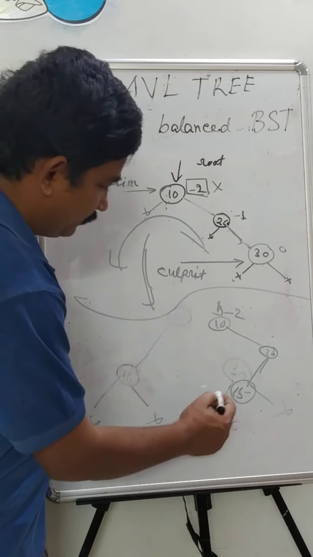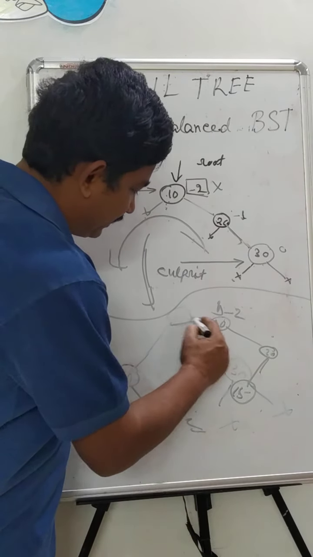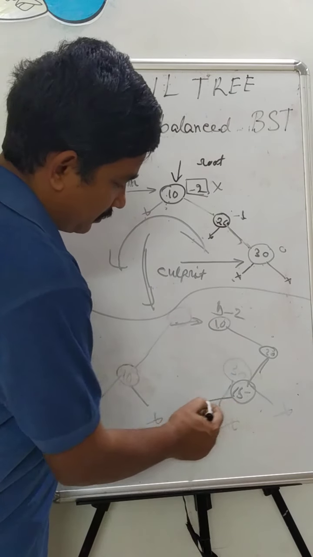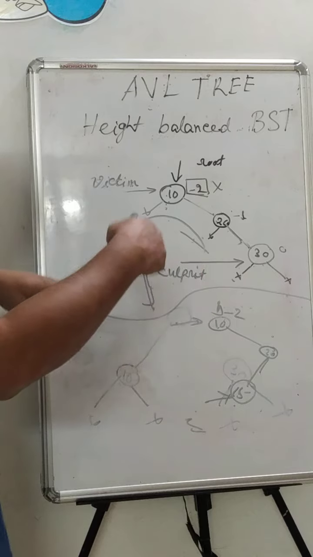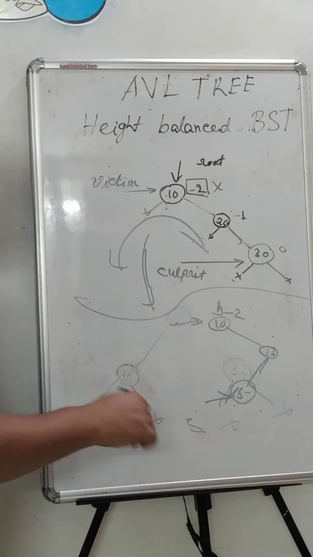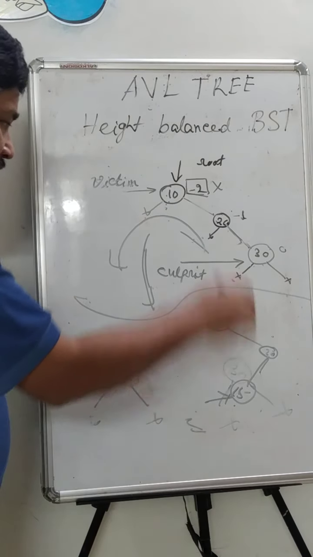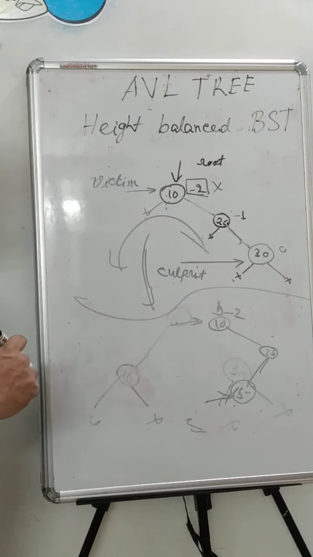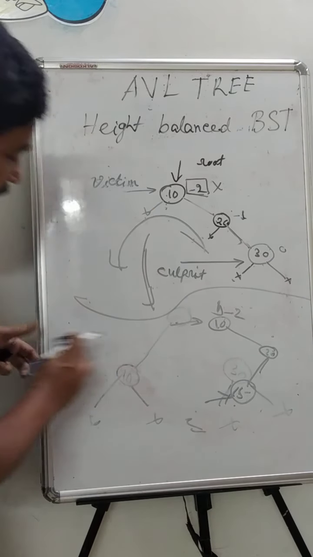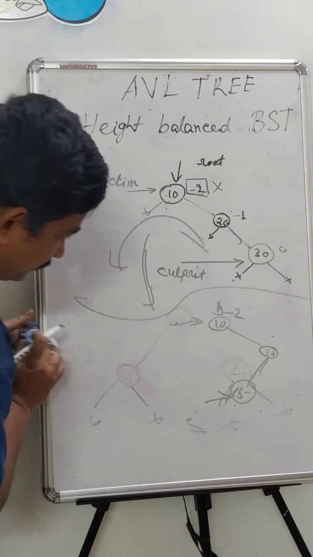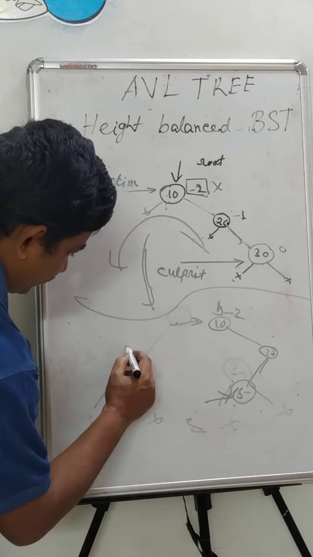So the culprit will be, our victim is again 10, and the culprit is 15. And if we just try to handle the tree as we handled it here, then what we will find is that if we just follow the same pointer assignments, it will result in a different tree.